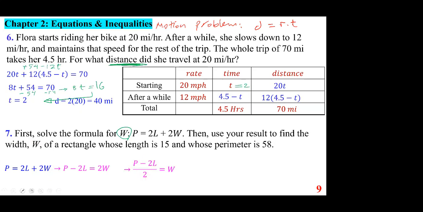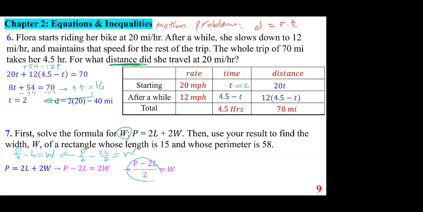If you wrote this is equal to P over 2 minus 2L over 2, and it results in P over 2 minus L equals W, you're absolutely correct, but pay attention to the fact you cannot drop the 2.